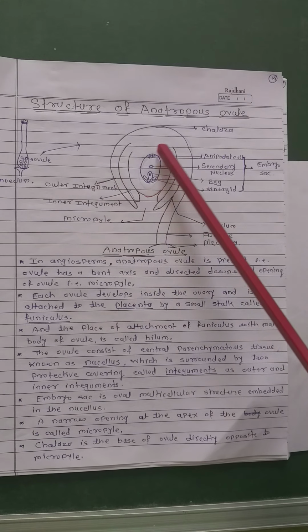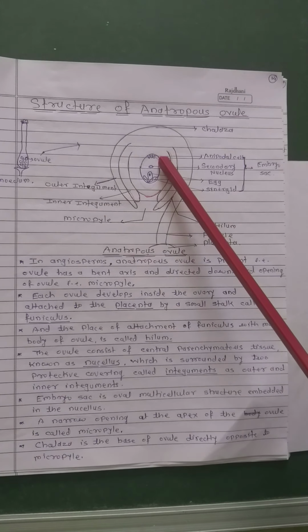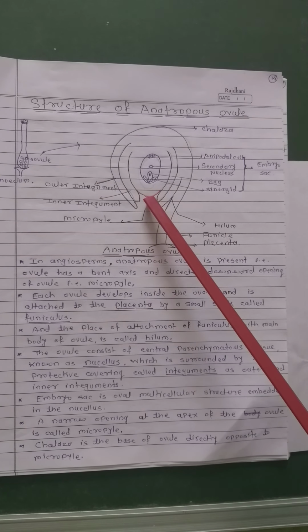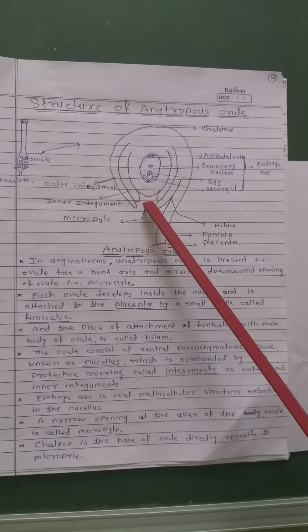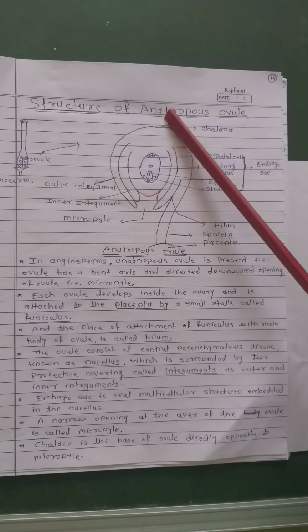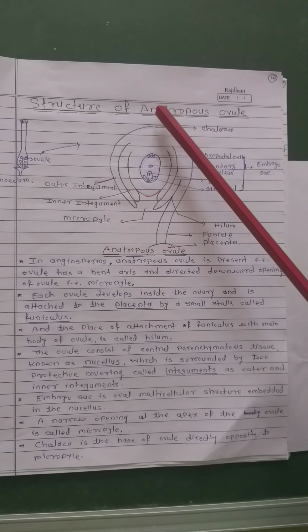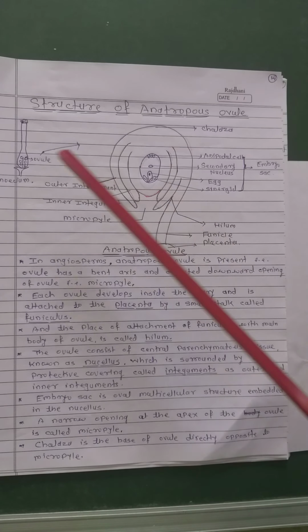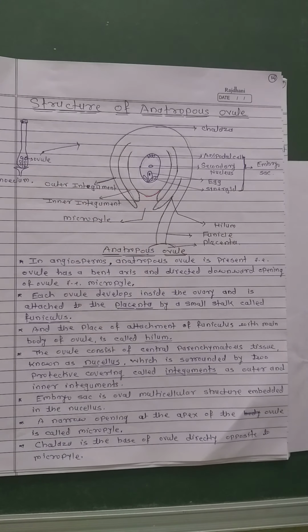The embryo sac is an oval multicellular structure embedded in the nucellus. A narrow opening at the apex of the ovule is called the micropyle, while the chalaza is the base of the ovule, directed opposite to the micropyle. This is the structure of the anatropous ovule present in the ovary.